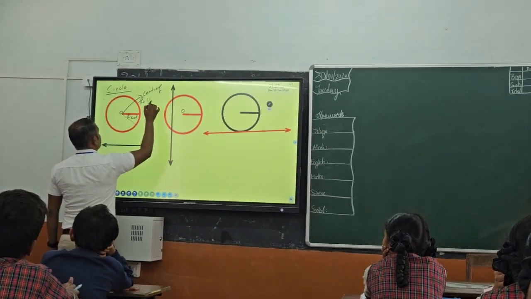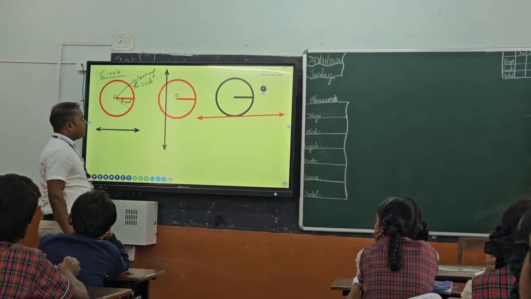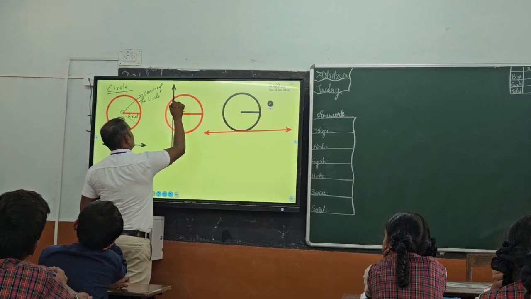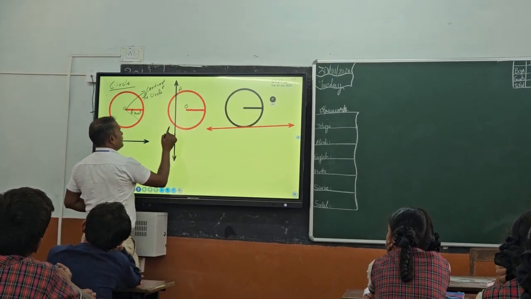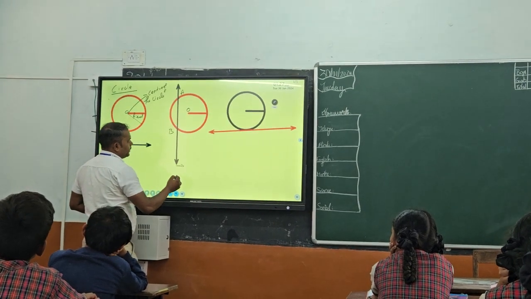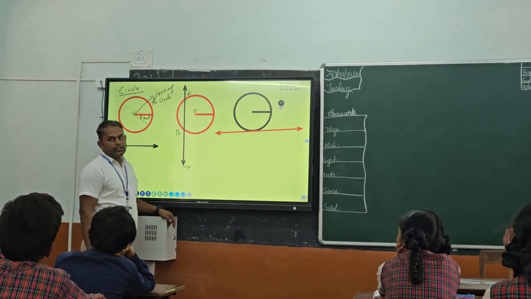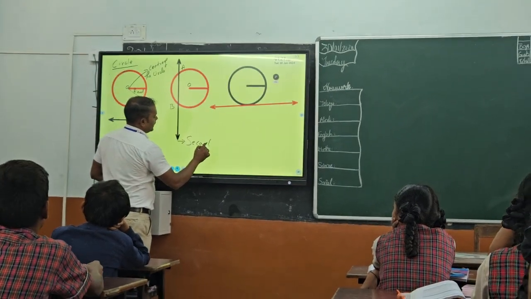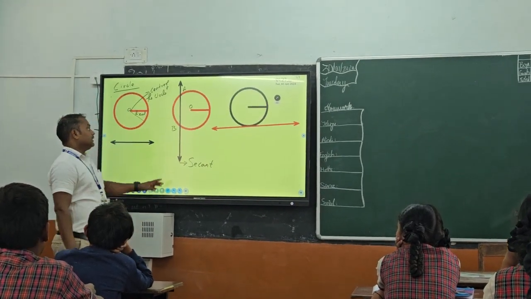Center of the circle. Now, if a line intersects the circle at 2 different points, let these points be A and B. So this line is said to be a secant of a circle. It is called what? Secant to the circle.